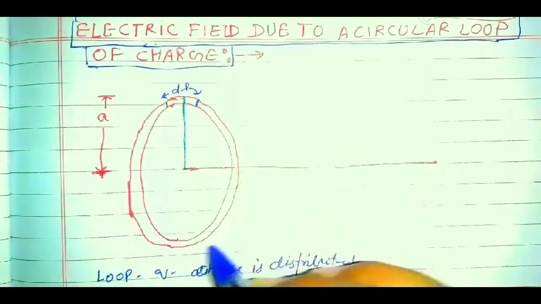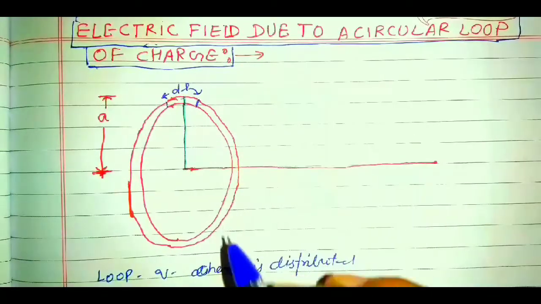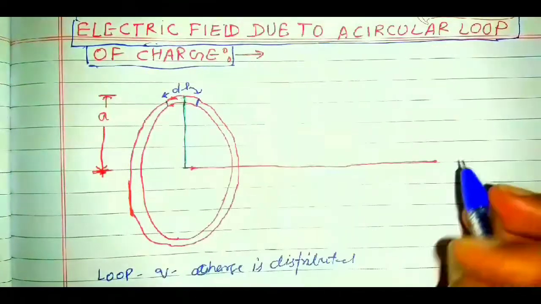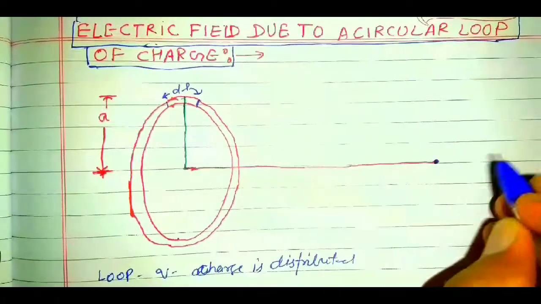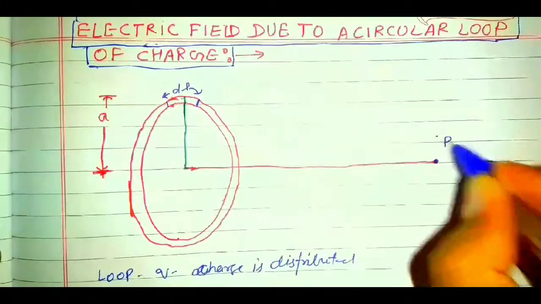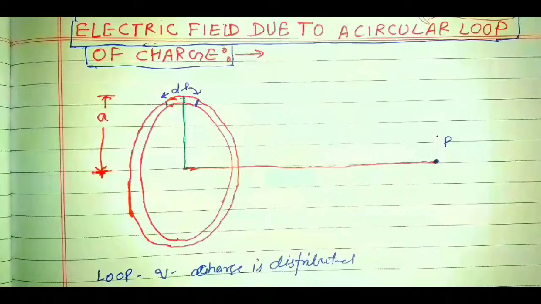So this is the total ring. Charge is equally distributed on it, and we are going to calculate the electric field at point P. This is the point P.